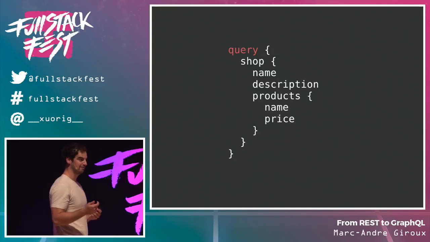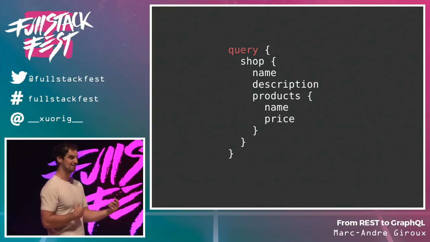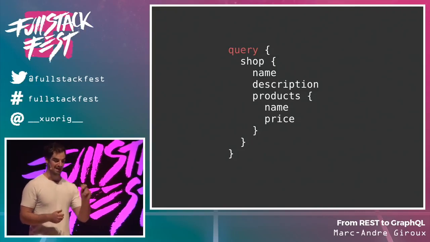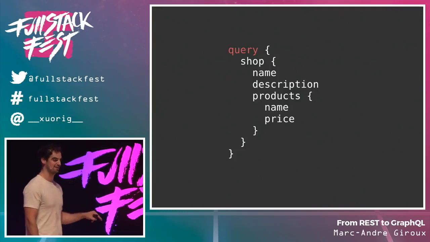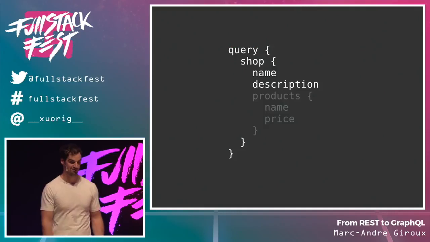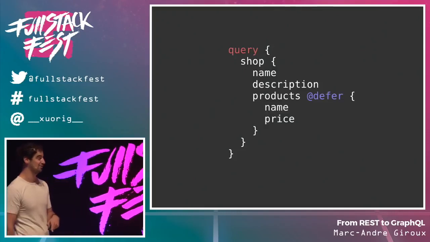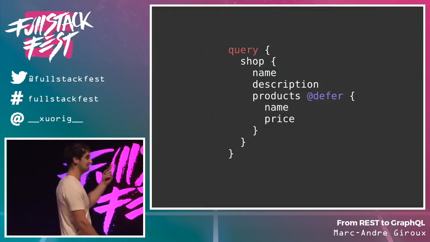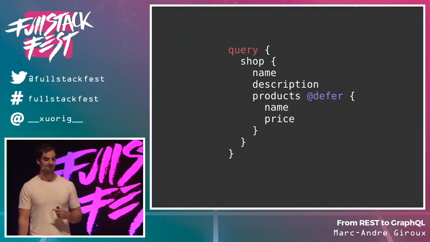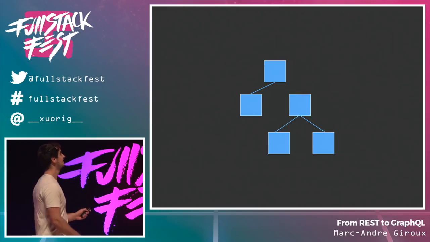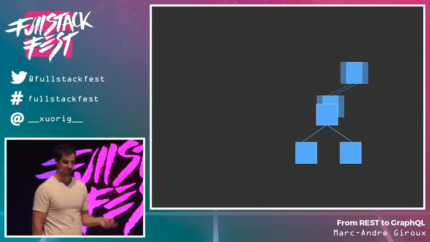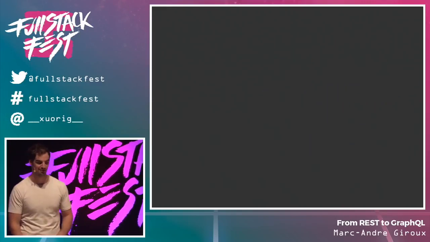So what if when I query, I could ask the server, send me name and description as soon as you can. If loading the products takes more time, just defer it to later. And we can actually do that with what's called a directive, with the @ sign here. It's telling GraphQL, just split up the query, send me the first part that I really need, and send me the other part later.